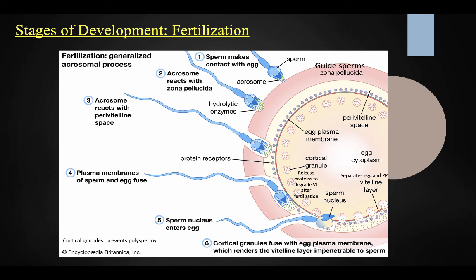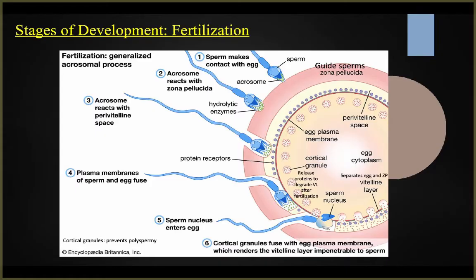So, if you look over here, we have an egg. It has different components to it. If you look at the zona pellucida, you'll notice that this is the area that helps guide the sperm to the egg.